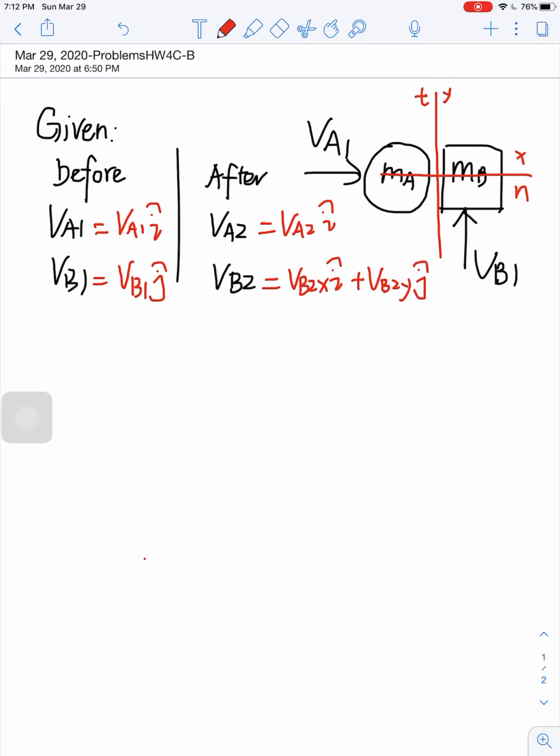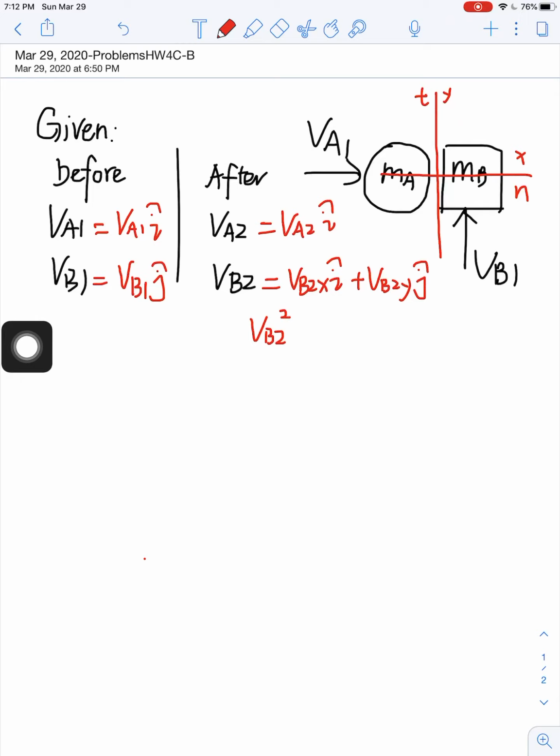So this is how I approach this problem, by breaking VB2 into two components. Even though you might think we're introducing two more variables here, VB2 is the magnitude of these two components, right?